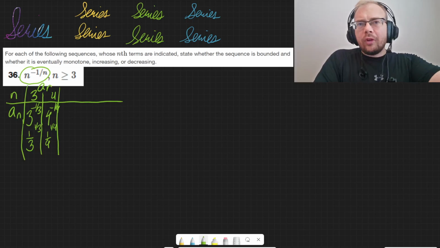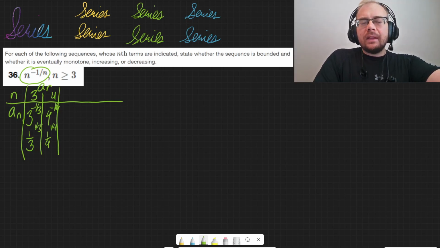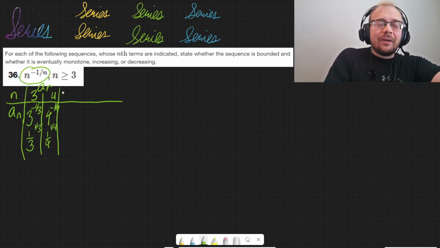A 1/4 power is a fourth root, or a radical with a 4. That would be like taking the square root and then taking the square root again. So if I take the square root of 1/4, I would get 1/2. And then the square root of 1/2, I don't actually know what that is, but the square root of 2 is about 1.4. So it'd be 1 over 1.4. So whatever that is. And so on and so on.